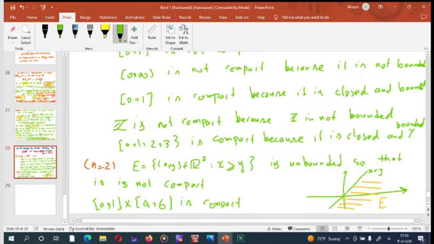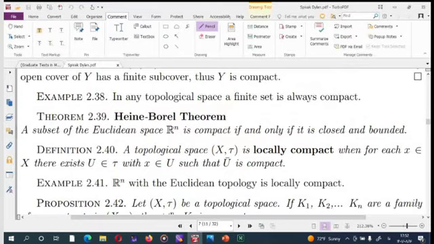And in other dimensions, we consider, for example, n closed bounded intervals and they form a compact subset, okay? For example, [0, 1] times [0, 1] times [0, 1] is a compact subset of R3 in space, okay? And this is the Heine-Borel theorem.